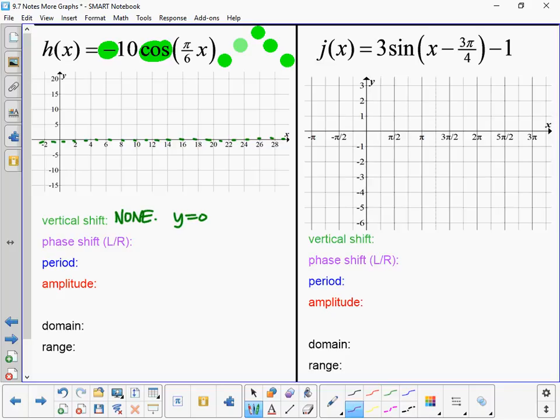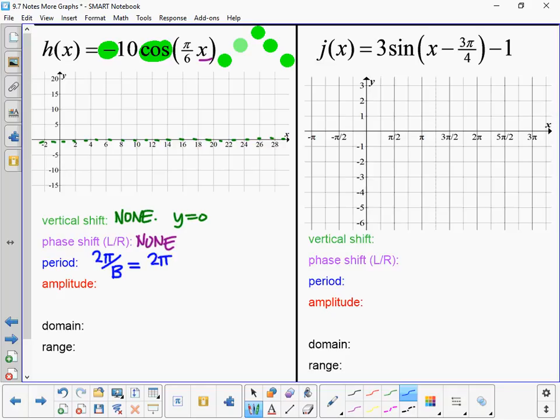The next thing I look for is the phase shift to the left or right. That would be grouped with this x here, and so there is also not a phase shift left or right. Let's calculate the period. The period is 2 pi divided by b.